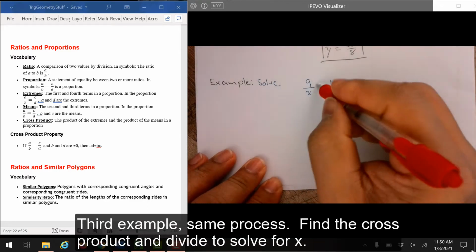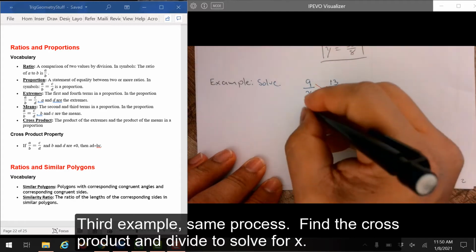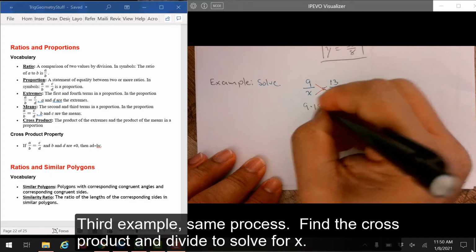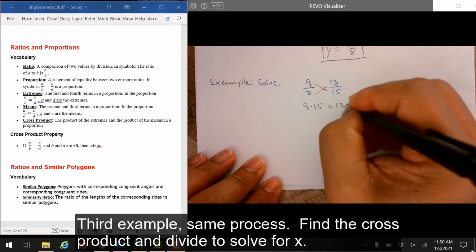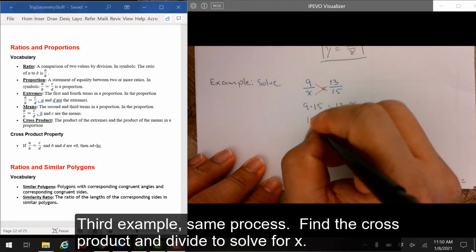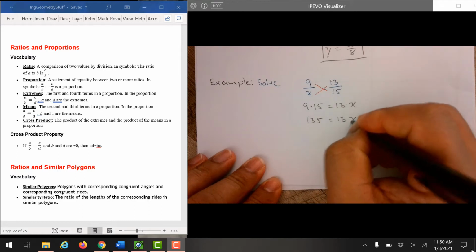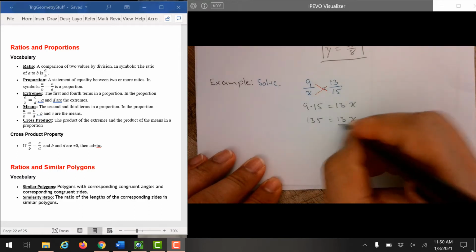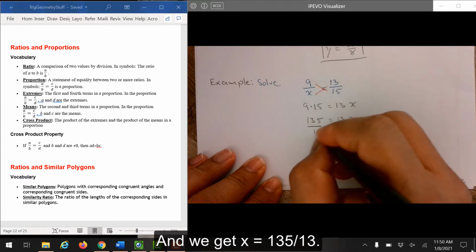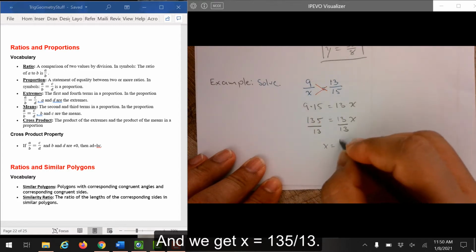Third example, same process. Find the cross product and divide to solve for x. And we get x equals 135 over 13.